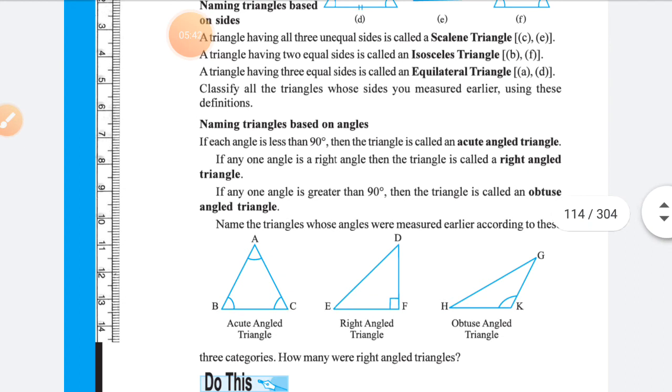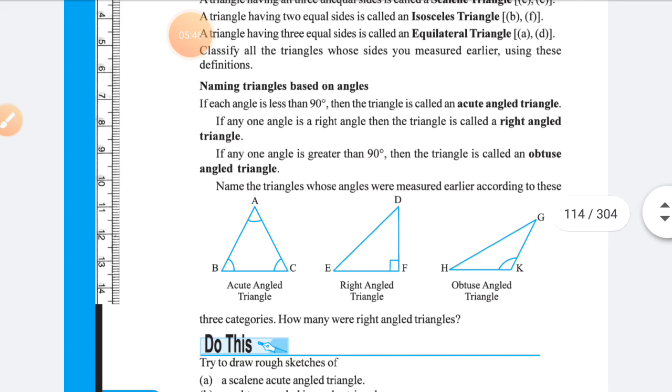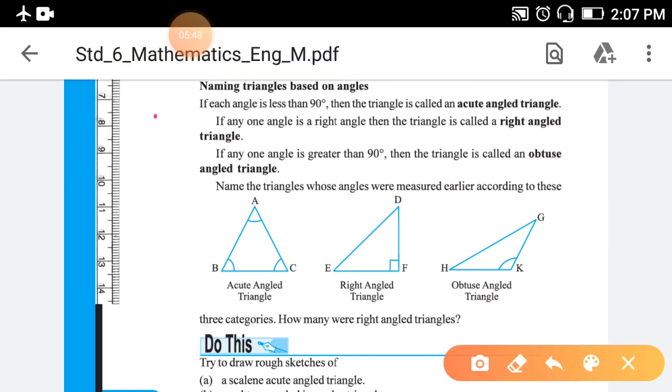Now naming the triangles based on angles. First one, if each angle is less than 90 degrees, then the triangle is called an acute angle triangle. Here an acute angle triangle is given. You can check all the angles are less than 90 degrees. Second one, if any one angle is a right angle, then that triangle is called a right angle triangle.